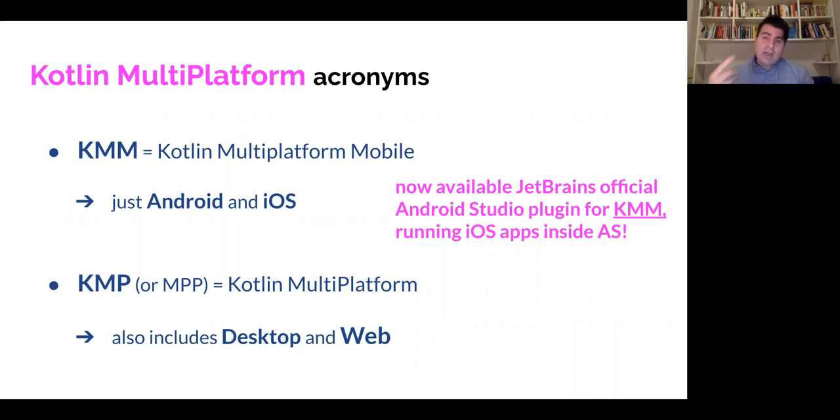Now JetBrains released a very useful plugin for Android Studio for KMM, which allows you to run iOS apps inside Android Studio. This is so useful for development, really. And then you have another acronym, KMP, Kotlin Multiplatform, where you typically mean everything, so not just mobile, but also desktop and web.